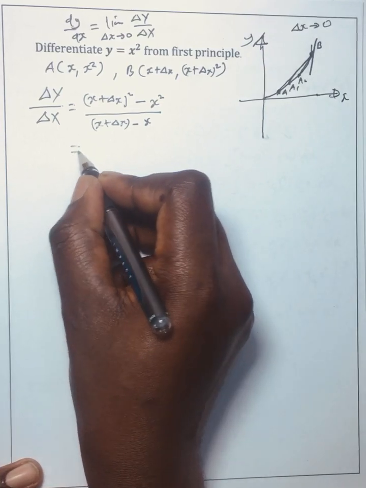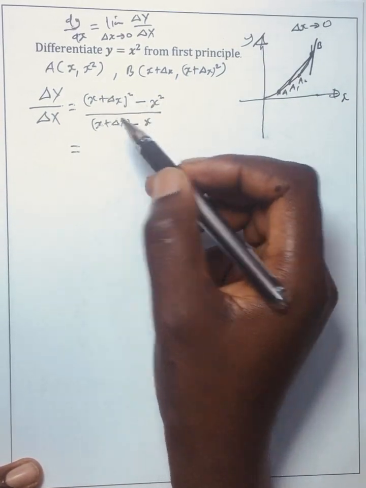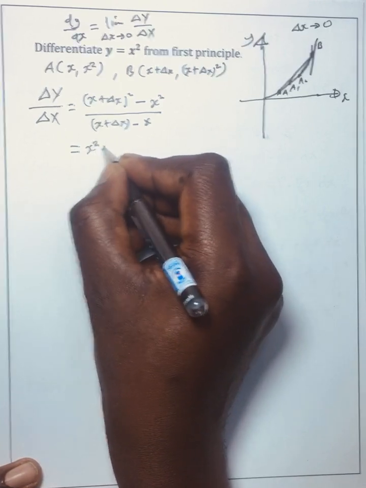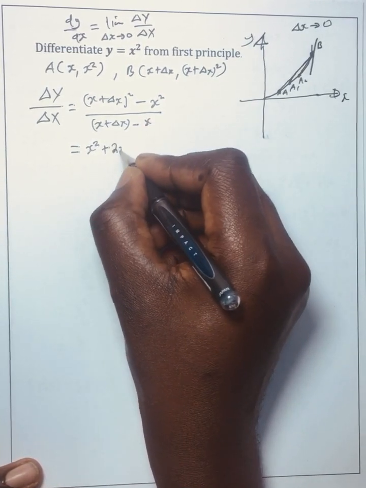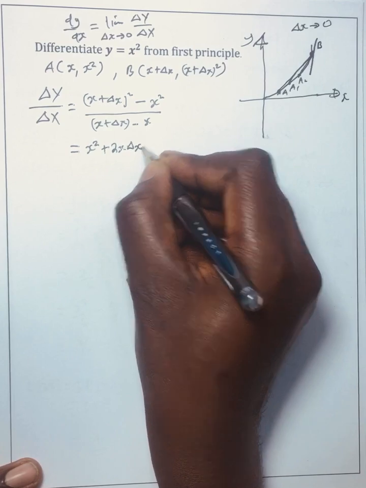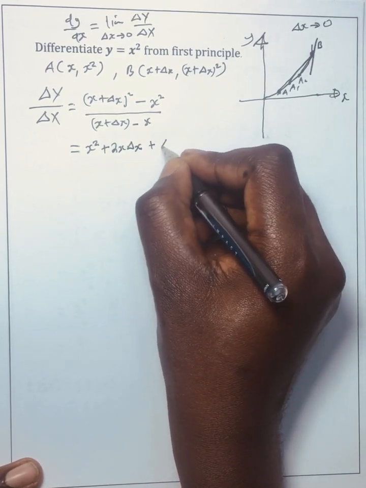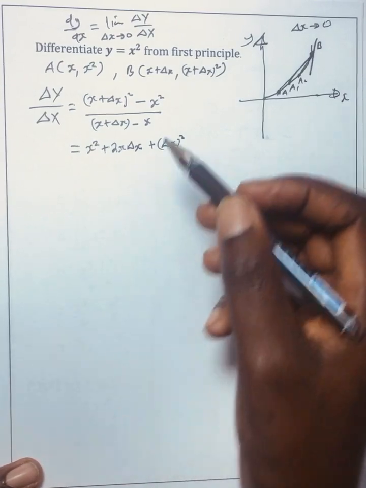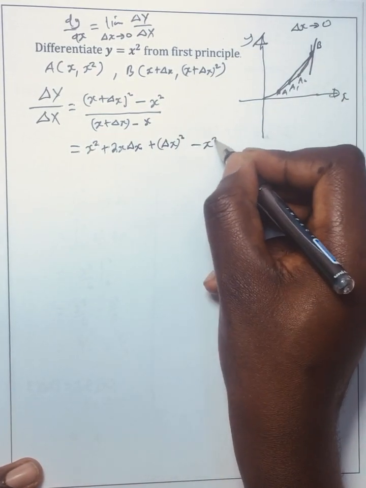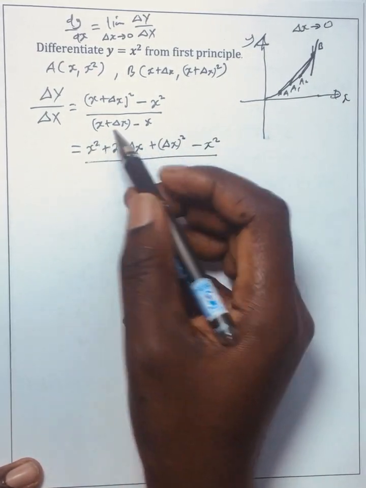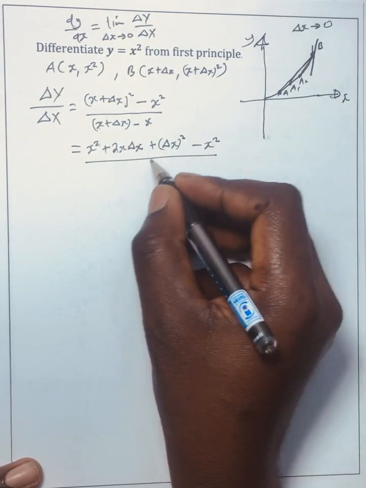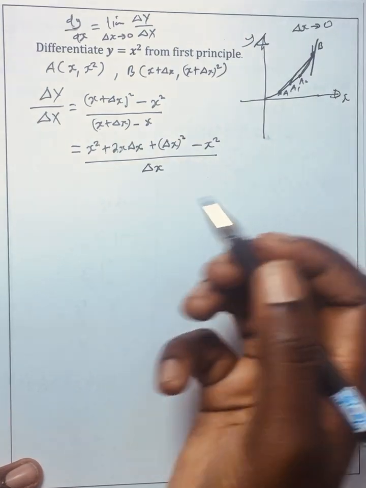We can expand this using the quadratic identities. That will be x squared plus 2x small change in x plus small change in x squared, minus x squared, over, x minus x is 0, so it will be change in x.